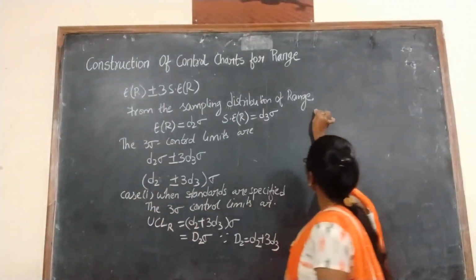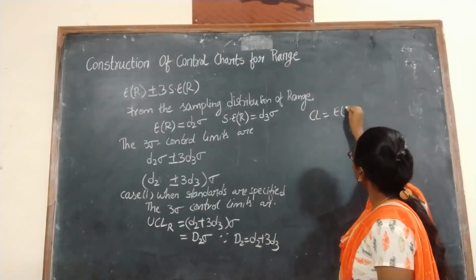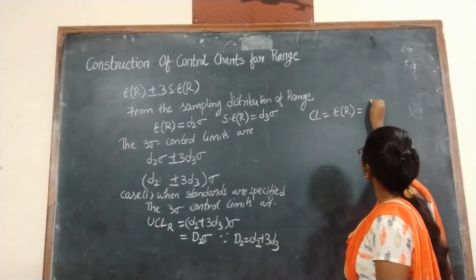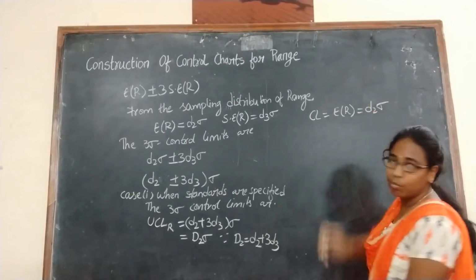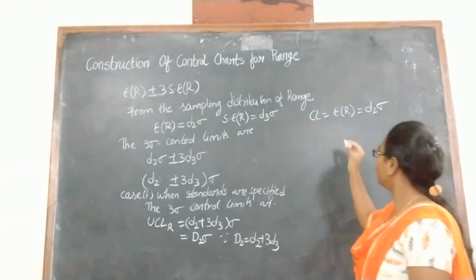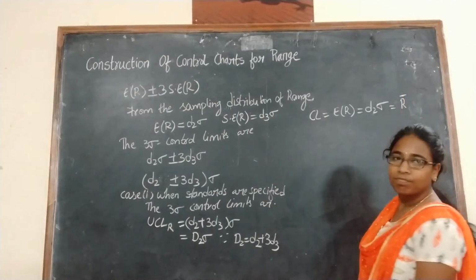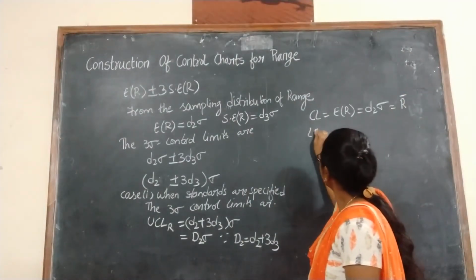Next, what is the CL? CL equals the same expectation of R, that is small d2 sigma. The d2 value we can know from the table values, or you can write R bar also. Next, LCL.